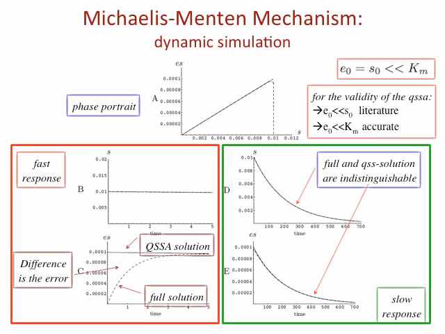Detailed analysis, supported by simulation as shown here, shows that the actual criterion is that E naught has to be much smaller than Km. So on this slide, we show a simulation where the initial conditions are such that E naught is equal to S naught, and both are much smaller than Km.